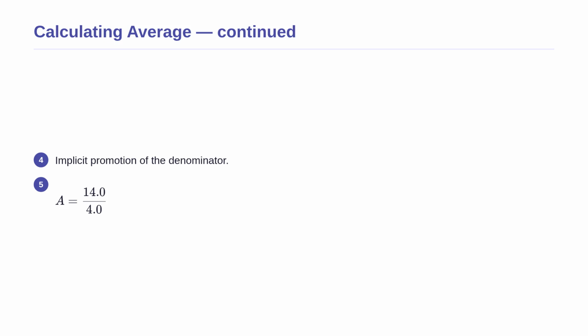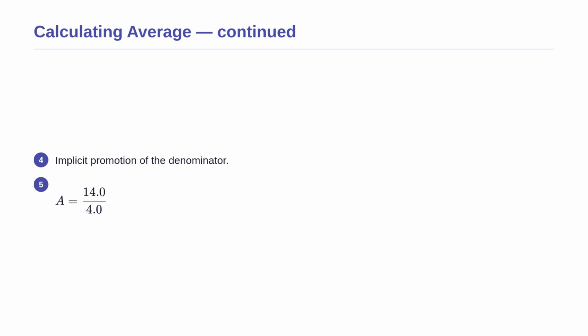Now that we have successfully converted the top number, we are dividing a decimal by an integer. Because the top number is now a decimal, the computer's implicit conversion rules kick in. It automatically promotes the bottom integer 4 into a decimal 4.0 so that both sides match. Both sides now have the exact same level of precision.